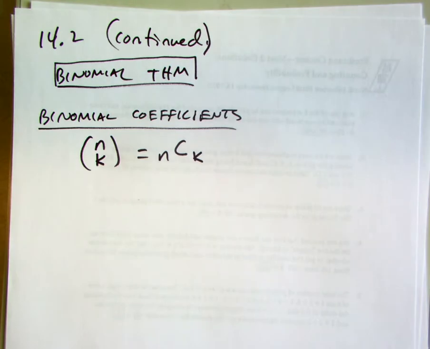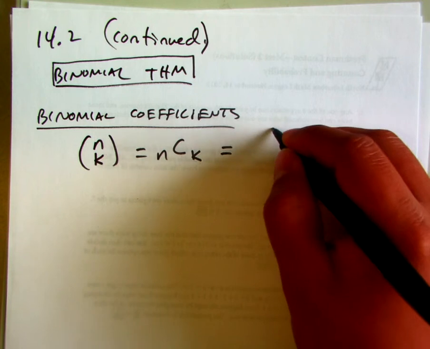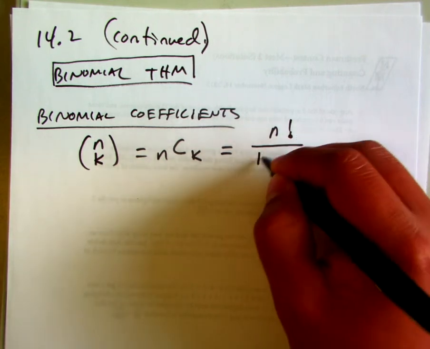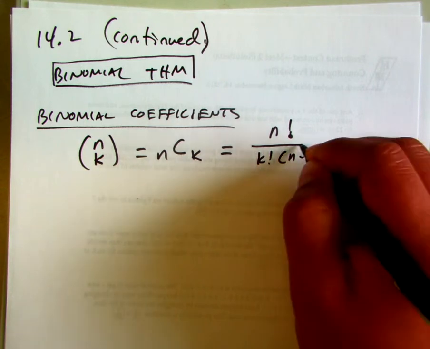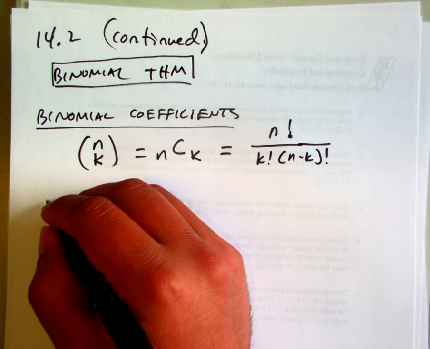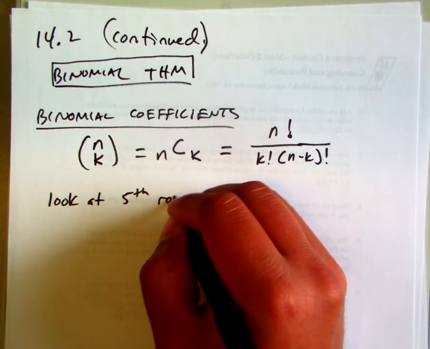I'm just reminding you what the formula is: n factorial over k factorial times n minus k factorial. And what I want you to do, let's look at the fifth row of Pascal's triangle.